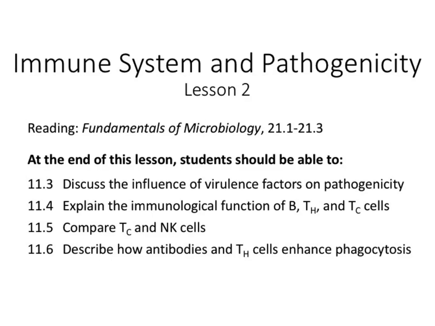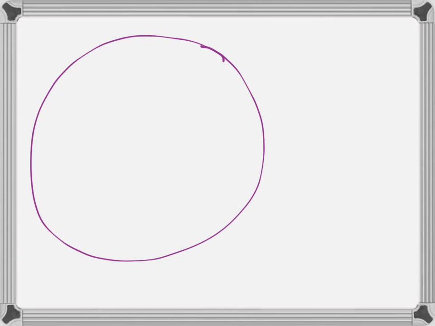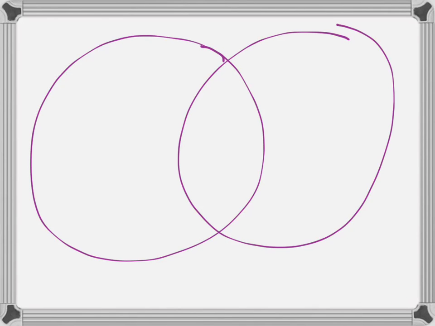Take about 3-4 minutes, and then we'll list out some of these characteristics. Should we draw this as a Venn diagram? Anybody opposed to that? Where shall we begin?